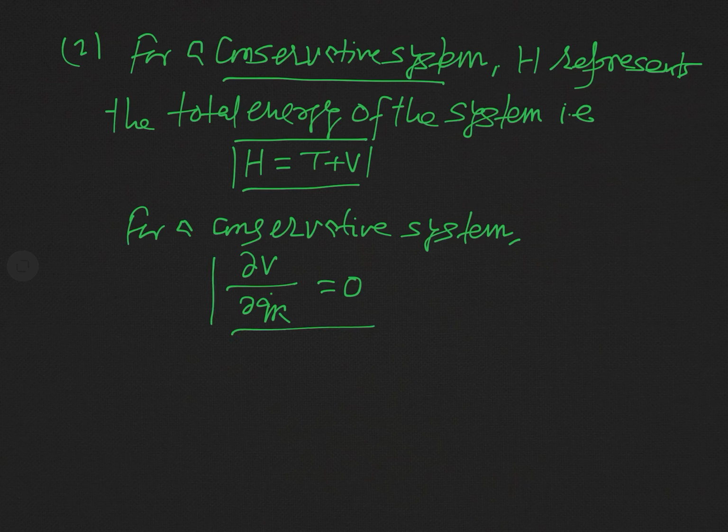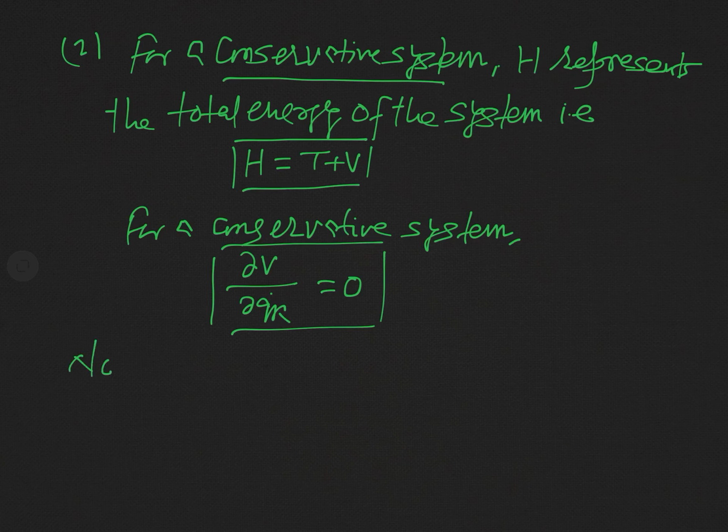This is a very remarkable fact, and you may call it just a condition for a conservative system, that the potential energy V is actually position dependent, qk dependent, not q̇k dependent.